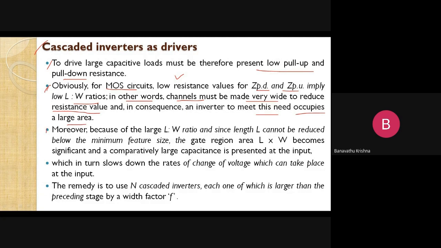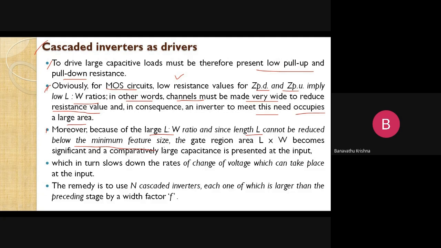And one more point is, because of the large L by W ratio, since length cannot be reduced below the minimum feature size, okay, the changes are only across the width of the channel; there is no change across the length of the channel.